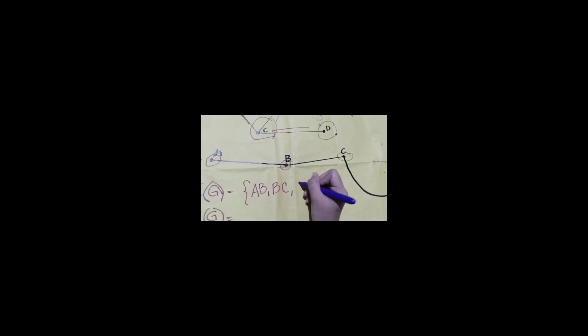Next example, we have vertex A, B, C, and D. To write this down, we have edges AB, BC, and CD.